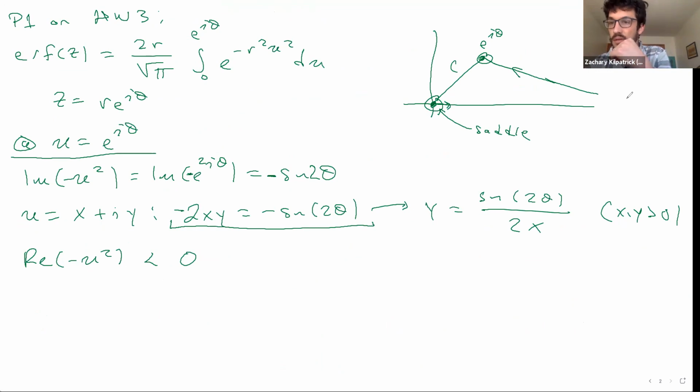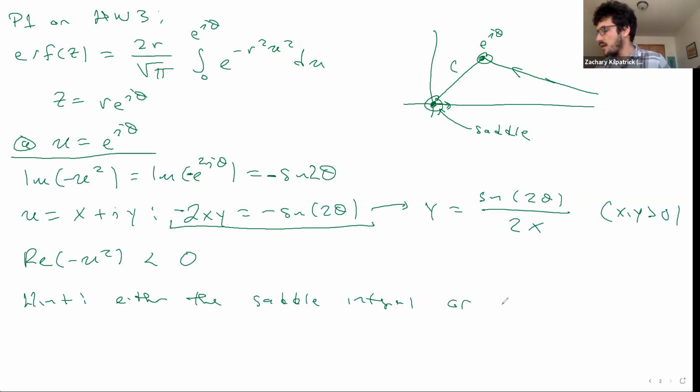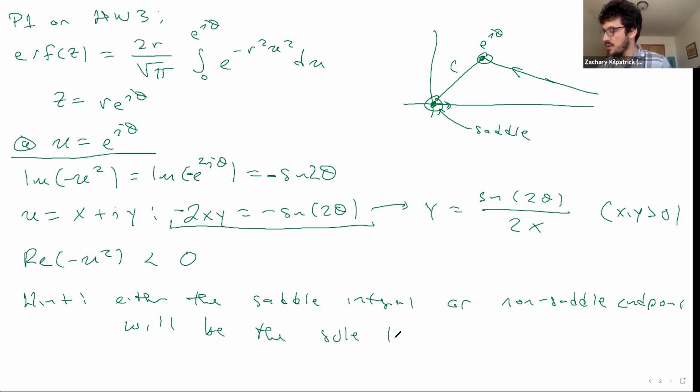And the hint here is that basically either the saddle integral, the one emanating from the saddle, or the non-saddle endpoint, so that's what I mean by endpoint integral, will be the sole leading order integral.